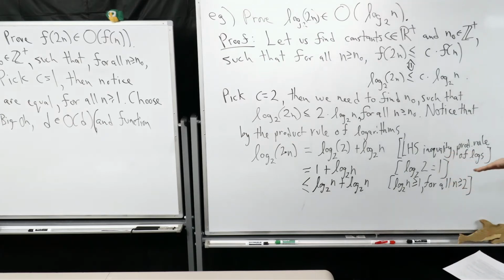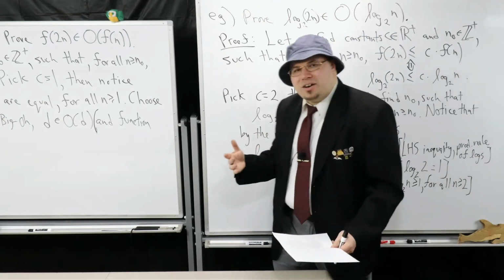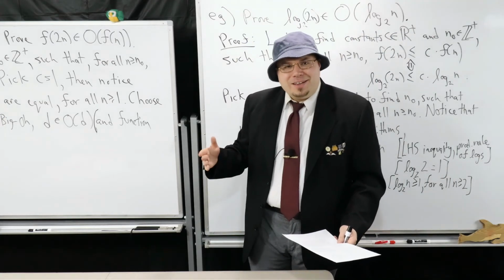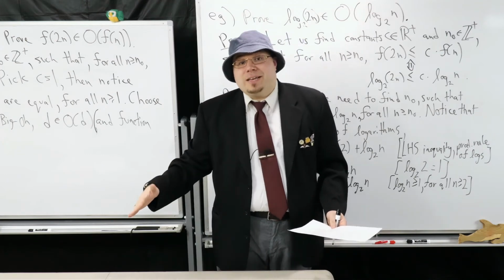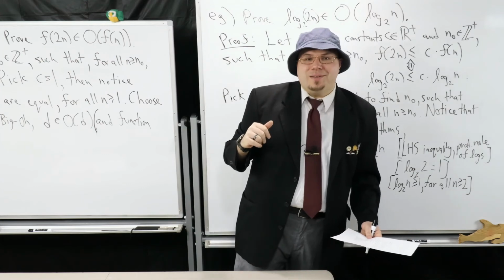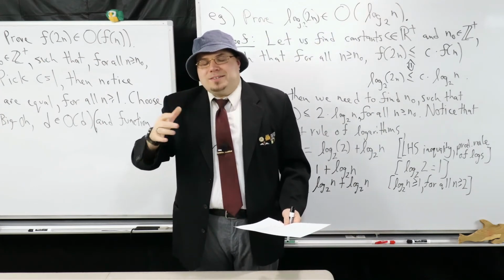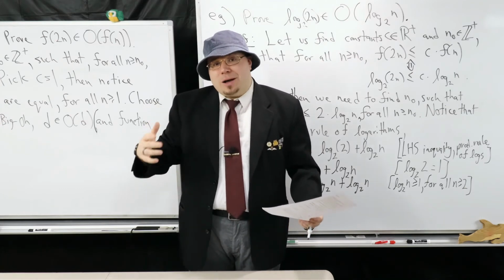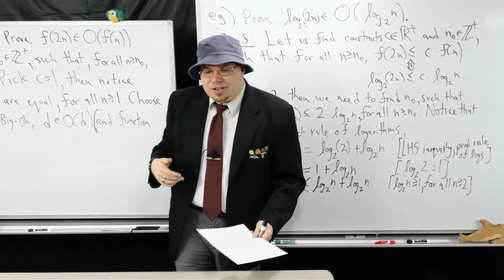It's worth noting that logarithmic functions are asymptotically non-decreasing, but they're also technically non-decreasing, meaning they're either going to be equal or larger. In fact, they're technically increasing, meaning the function's value always goes up as I increase the input. This should be very intuitive, which is why I'm not writing it down, at least in our sense. I'm just taking it as a well-stated fact. Why? Think about the definition of a logarithm.